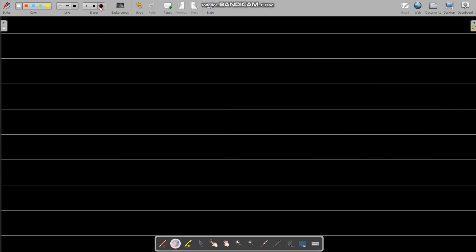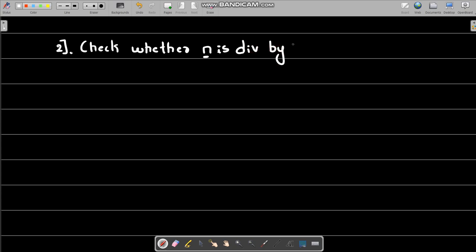Now the second problem goes like this: check whether n, the number given by the user, is divisible by 5 or not. First we will discuss the logic, and afterwards we can write the code easily.